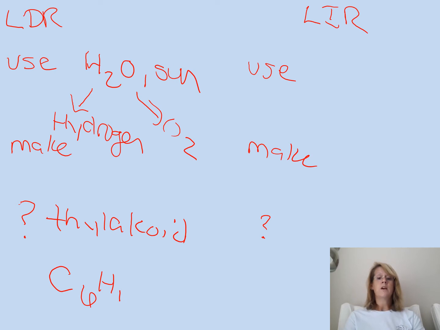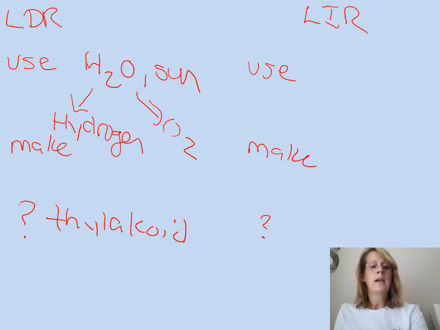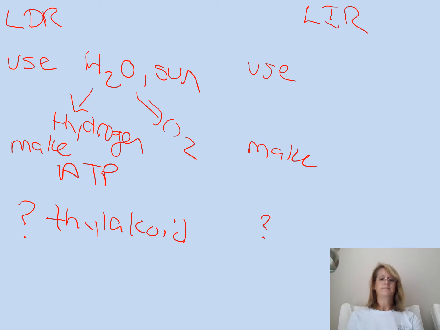Well, it's also going to create some ATP. So here under make, we've got hydrogen, we've got oxygen, we also have some ATP. This is why this has to happen during the daytime, because the sunlight has to heat the water up and break it apart. And anytime a process occurs where something falls apart, ATP gets made.